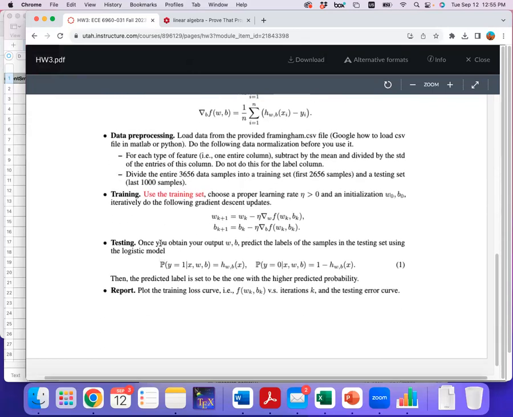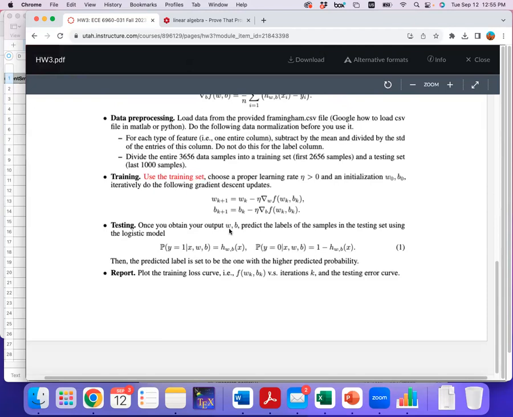Once you apply gradient descent to solve the training problem, and once you obtain a W and B, you can predict the labels of the samples in the testing set using the logistic model that you just created. Okay. So you apply gradient descent on the training set to solve the problem. Once you have your W and B, this is how you do the prediction for your testing samples.